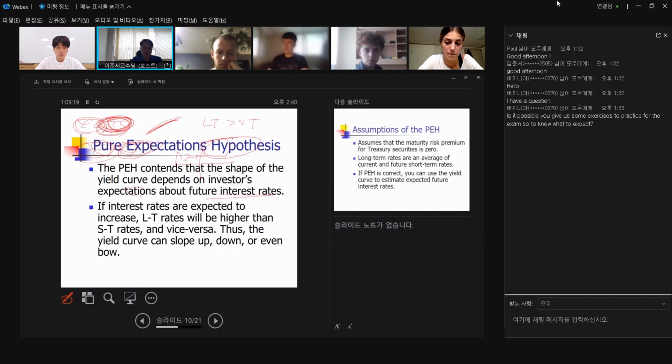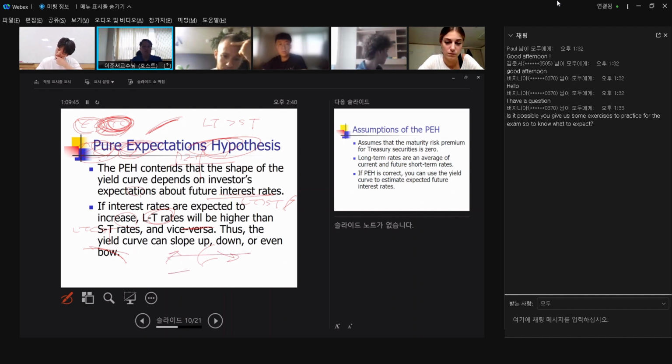Pure expectation hypothesis. If interest rates are expected to increase, then the long-term rate will be higher than the short-term rate. Then the yield curve shows upward, right? But vice versa, if the long-term rate is lower than the short-term rate, then the yield curve slopes downward. Thus the yield curve can slope upward, downward, even bow.